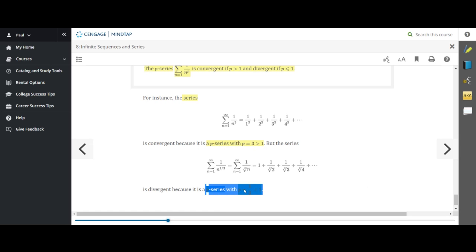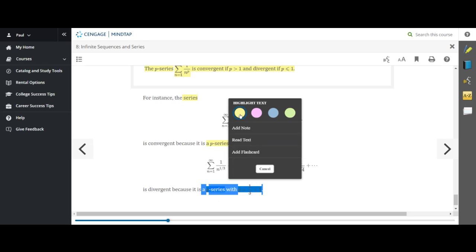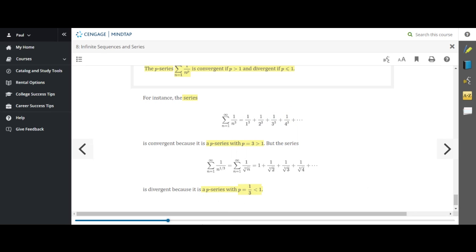Okay, so P series are very helpful because a lot of times what we want to do is compare a difficult series to a P series to see if the series converges or diverges.